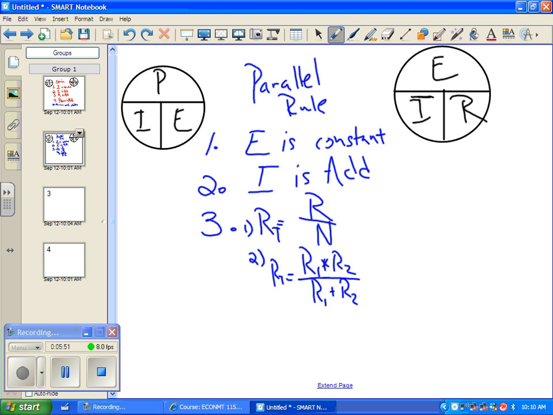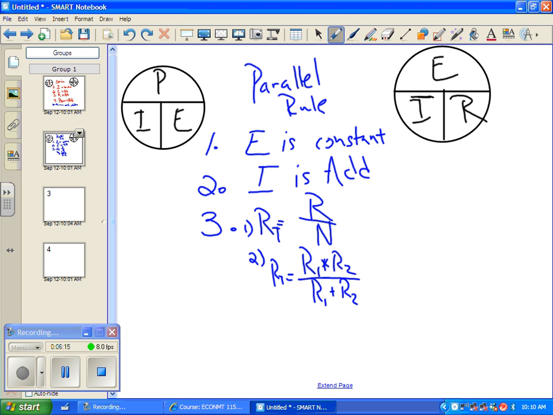And then use 3 as your other resistor. So you could do R12 times R3 over R12 plus R3. Okay? So you could use this for more than one resistor because it's a nice simple method that you can always remember and always use. But you've got to remember how to go about it.